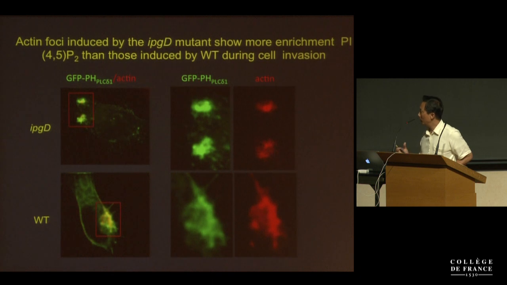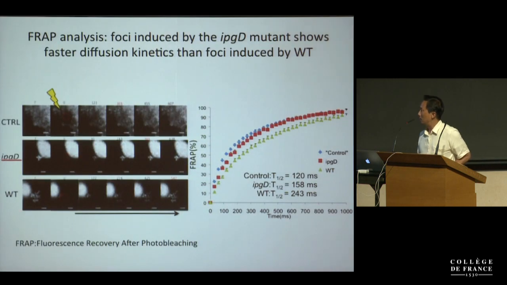In both cases, one could see that there's more IP3 receptor and more IP3 at the invasion site, which is consistent with the notion that IPGD hydrolyzes PIP2 and therefore depletes the cells of substrate for IP3 production. And we also looked at diffusion restriction, and we could see that the IPGD mutant is also less restrictive in diffusion than the wild-type foci.